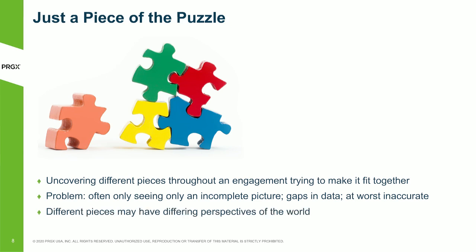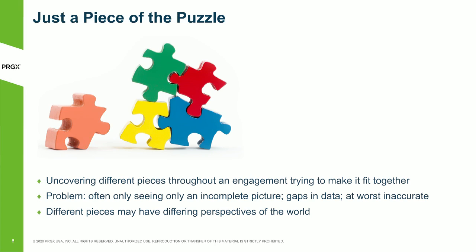And another perspective here is that not only are these puzzle pieces spread all over the place and you're trying to gather them all, but people are looking at different bits and pieces of that puzzle, right? People from different departments, different countries, different organizations.